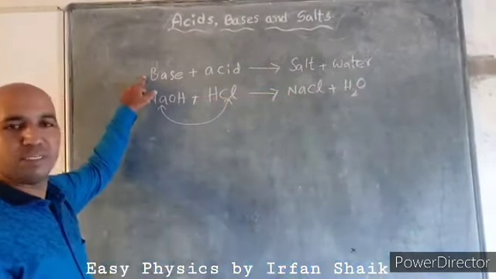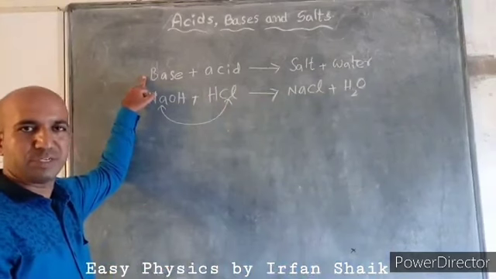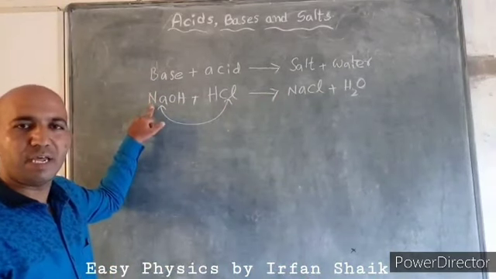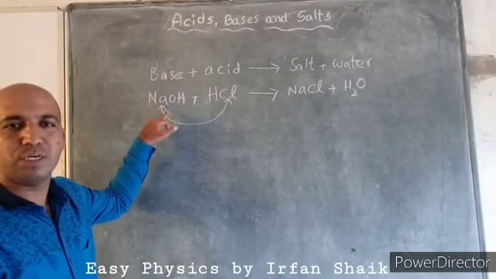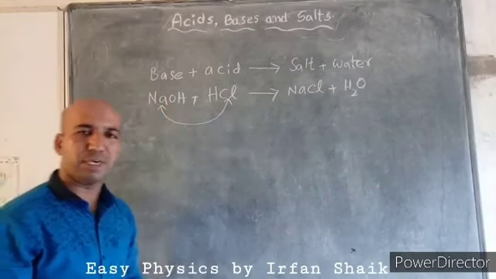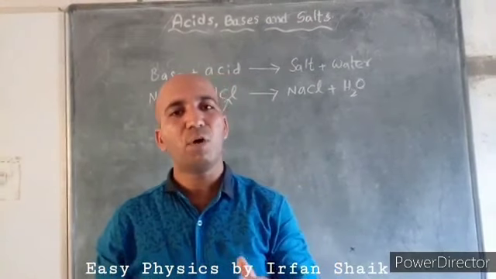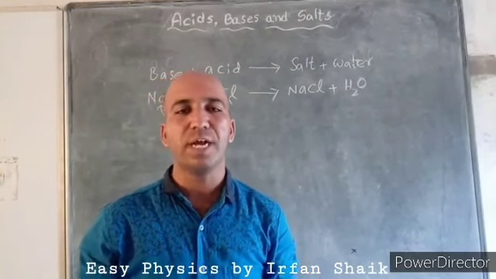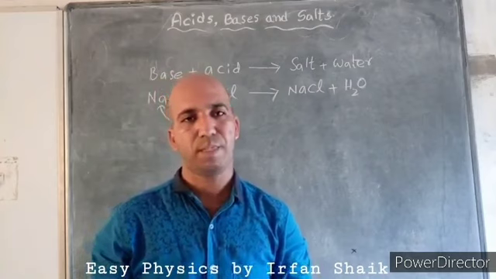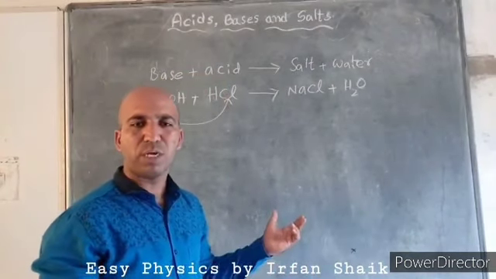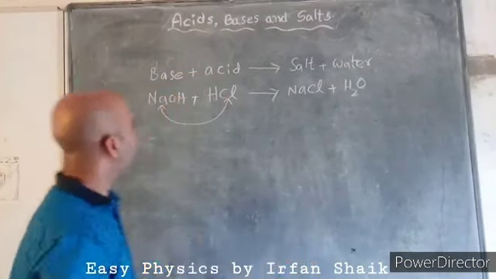So this is the skeleton equation for the neutralization reaction, and this is an example. Same like that, let us find out what happens when a metallic oxide is added to an acid. Let's try to find out the skeleton equation here.